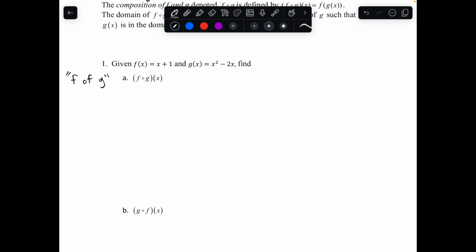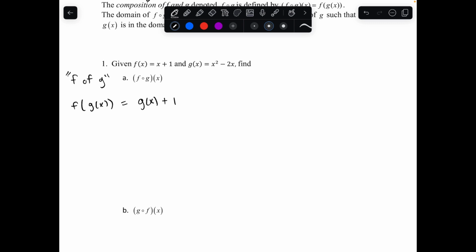So f is going to be the outside function, and g is going to be my inside function, the input of my function f. So I'm going to essentially copy-paste whatever's inside my parentheses and plug it in wherever I see an x in my function f. I have g of x as my input, so I'm going to plug in g of x wherever I see an x in my function f.